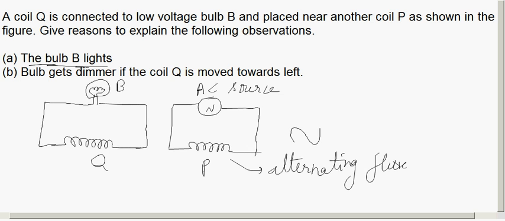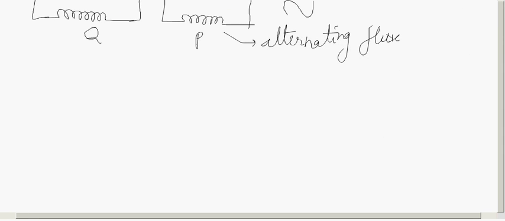We can write the answer for question A as: the current responsible for the lighting of the bulb is due to induced EMF. So we can write, due to varying current in P, due to varying or alternating current.